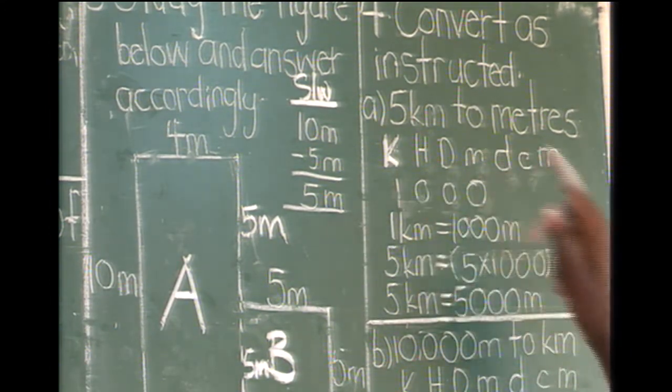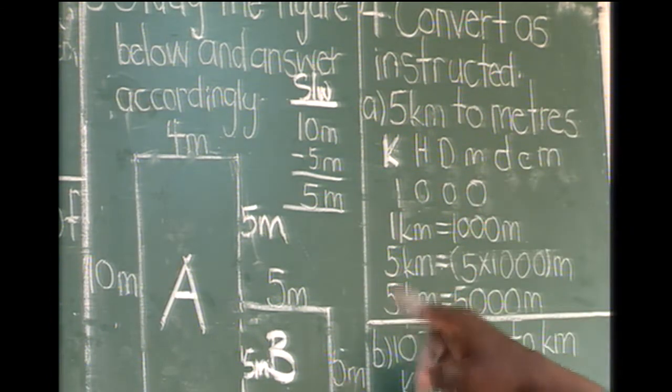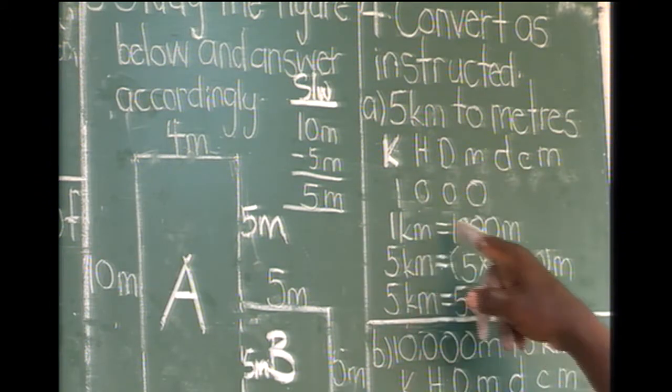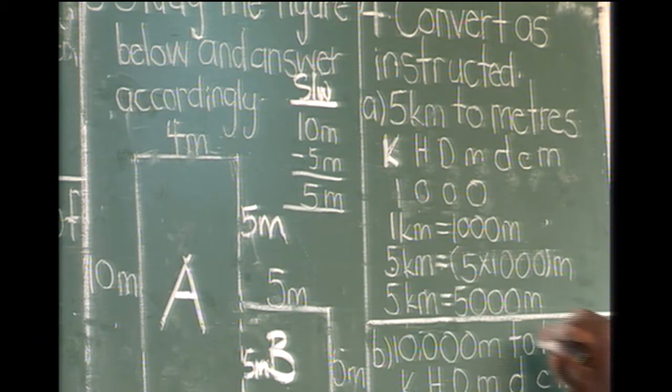When you have that fact without any cram work, you will be able to convert the said 5 kilometers into meters by just stating the fact you have developed, that 1 kilometer is equal to 1,000 meters. What about 5 kilometers? You just multiply, because only 1 produces 1,000, then the 5 will be 5 times that 1,000.